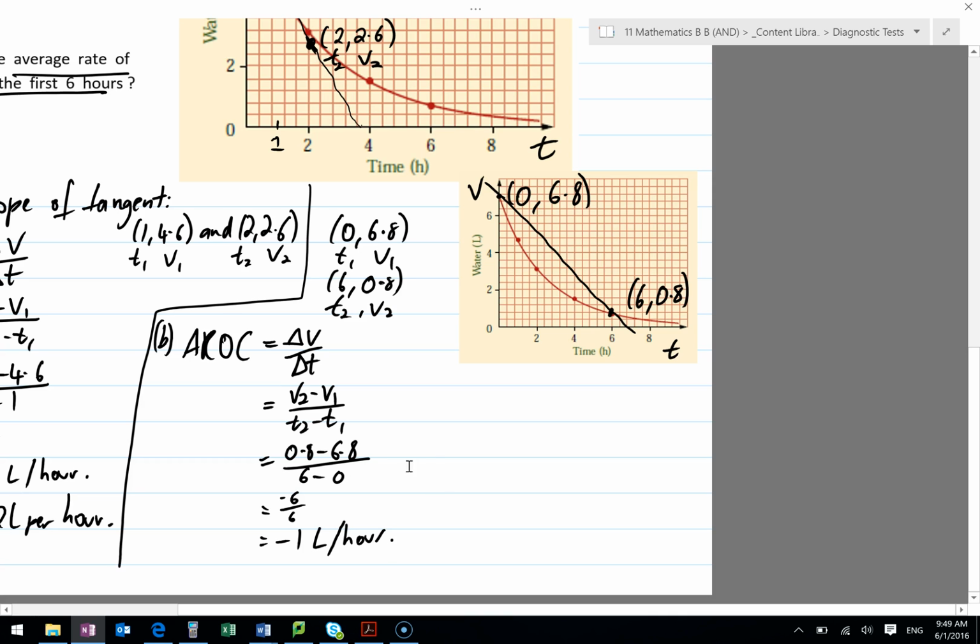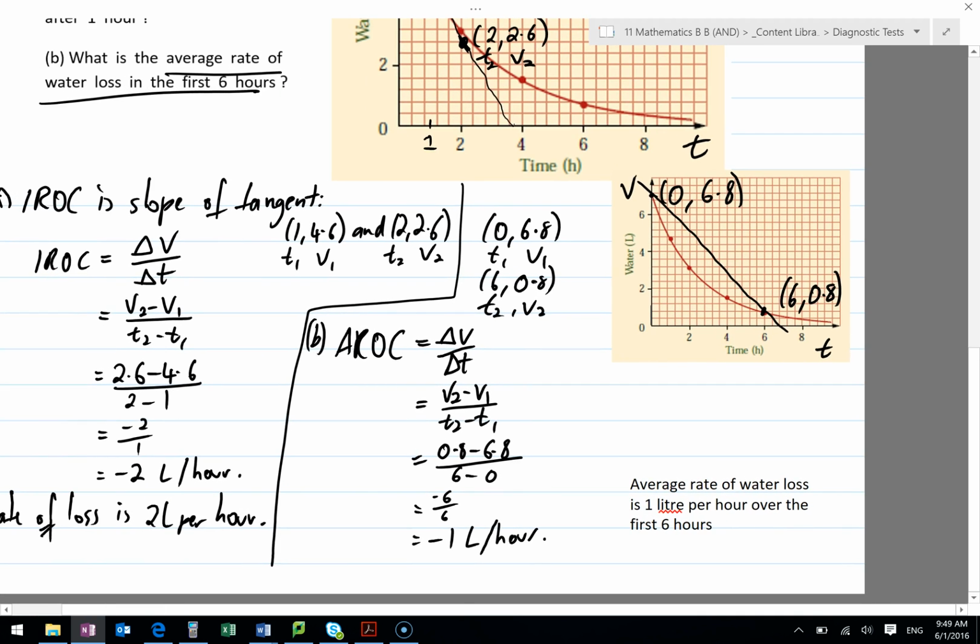And I'll write a statement here as well: the average rate of water loss is 1 litre per hour over the first 6 hours. Remember, in these average rate of change problems, we don't care about what happened down here at all. All we know are those 2 points, and we're finding the average rate of change between them.